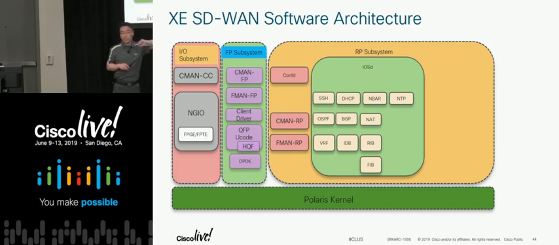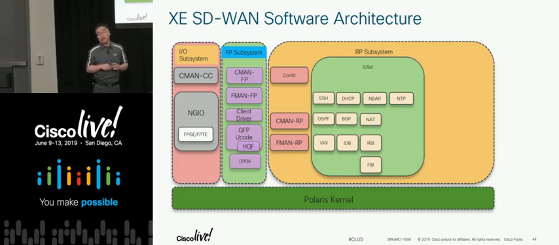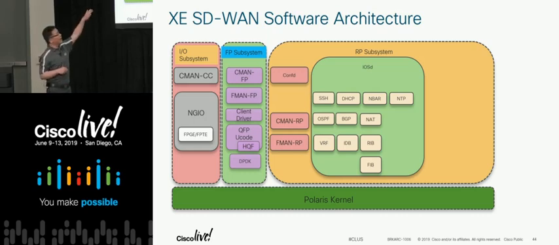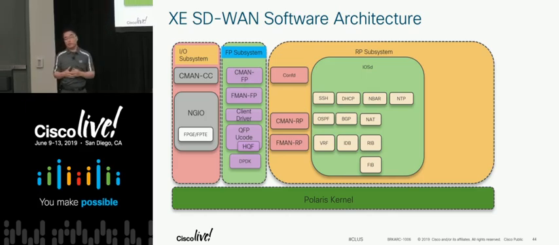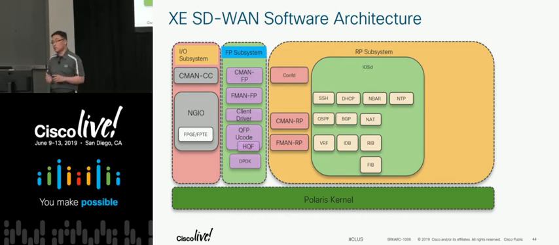That's the forwarding manager process on the FP subsystems. FMAN FP maintains a copy of the FIB and uses that to provide an interface to the QFP client and driver. And the QFP client driver uses that information to program the QFP ASIC and the QFP resource memories.